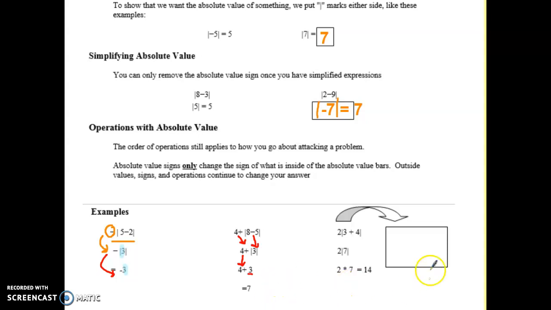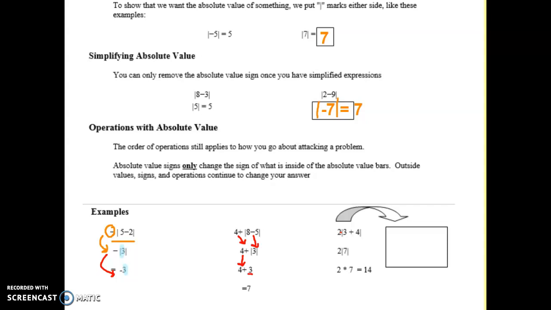Okay, last thing to point out to you is this last example, 2, and then inside my absolute value, we have 3 plus 4. Now I want to take a look. This 2 is being buddied right up against that absolute value symbol. If it was a parenthesis, I'm hoping you'd recognize it's multiplying. Parentheses, absolute value, they're both grouping symbols. So the operation between those two would be multiplication.